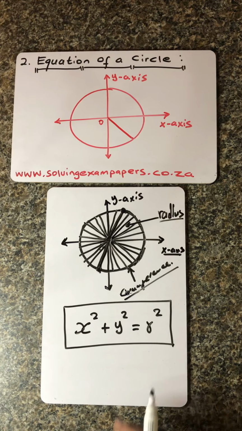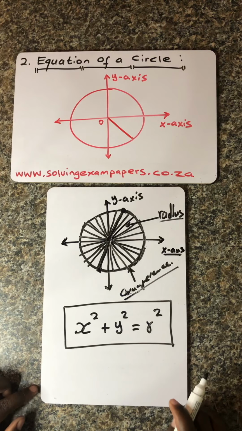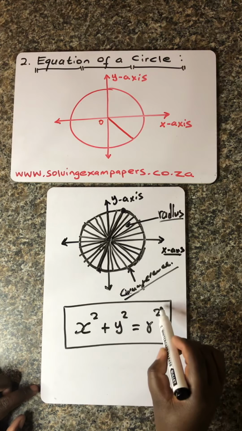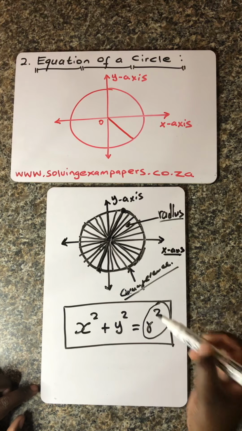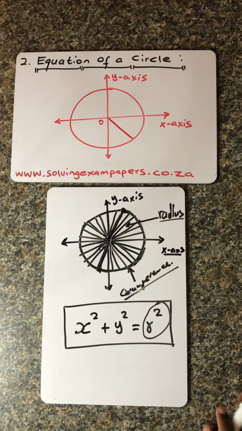In most cases, if we are given a circle, we are mostly interested in knowing the value of the radius squared. That's what we are mostly interested in. That's what we really need to know.